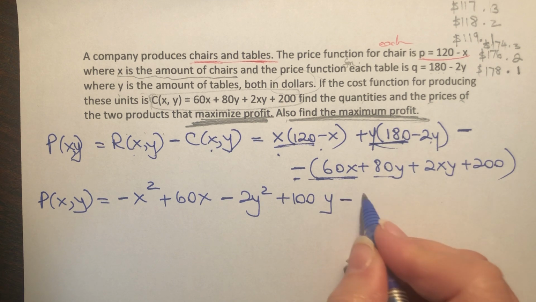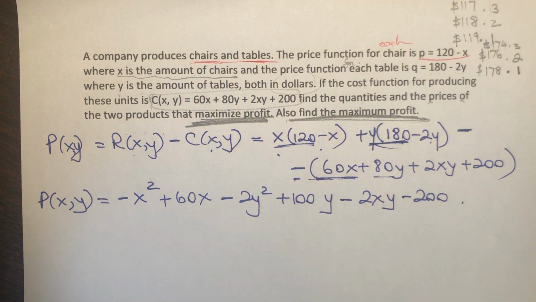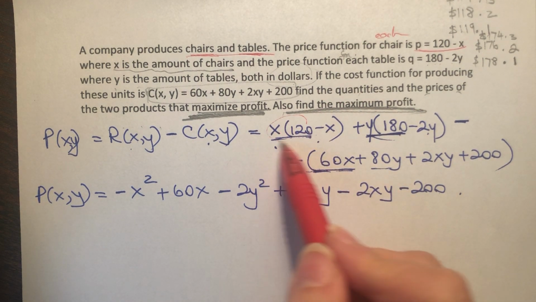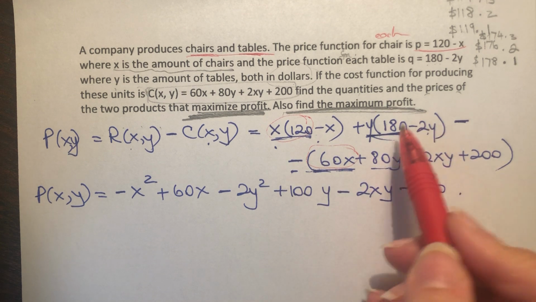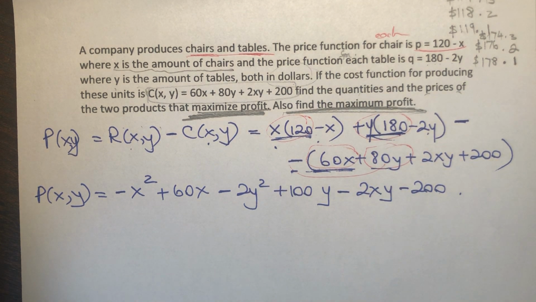And then minus 2xy. And then minus the 200. Okay. All right. So I just combined these like terms. The 120x and then the minus 60x, and then the 180y, and then of course the minus 80y. Okay, so here's your function.